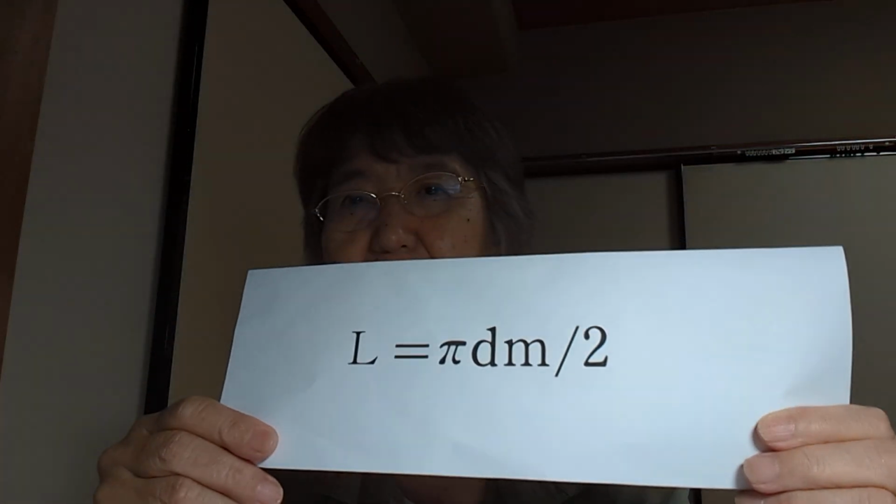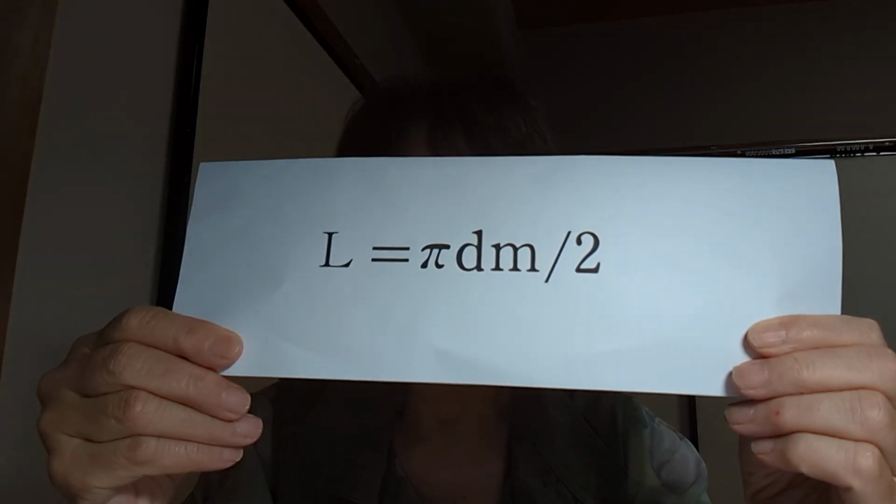Conversely, we can also calculate the length of a thrown needle by substituting into the following formula: l equals πmd/2.